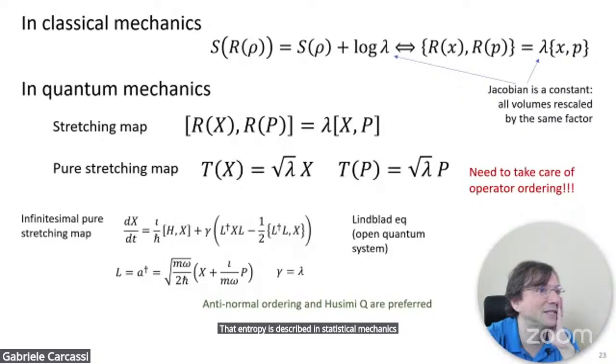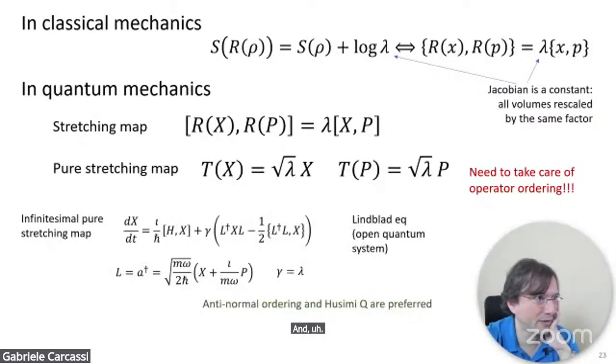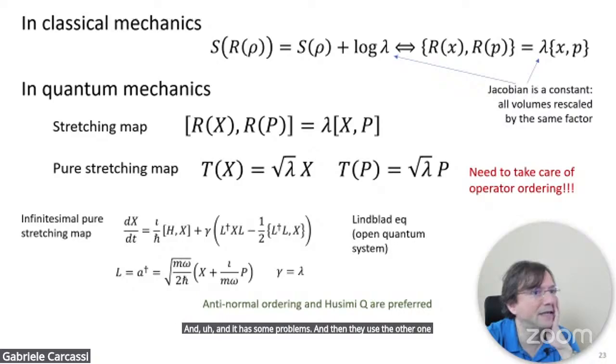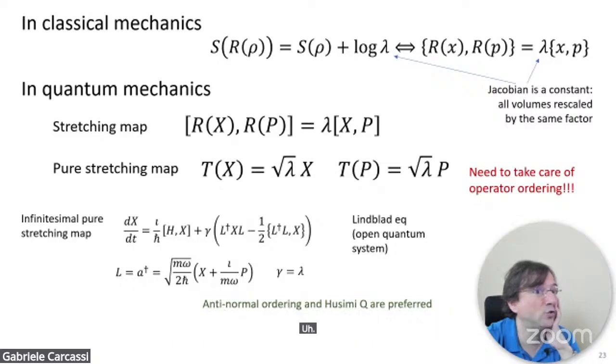One is this Bayesian way of saying it's the lack of knowledge of the observer, and it has some problems. And then there is the other one that is instead characterizing the fluctuations of the system with respect to external interaction.